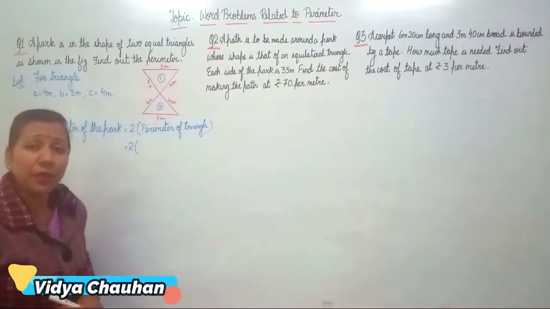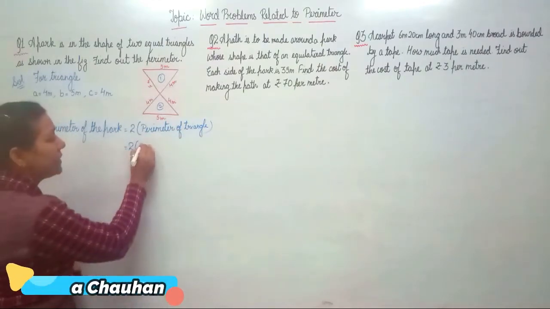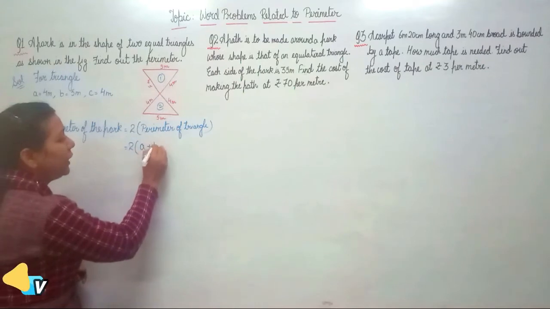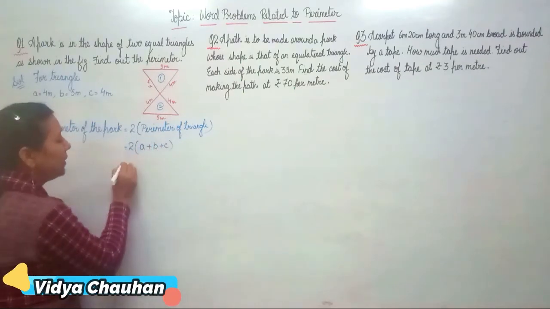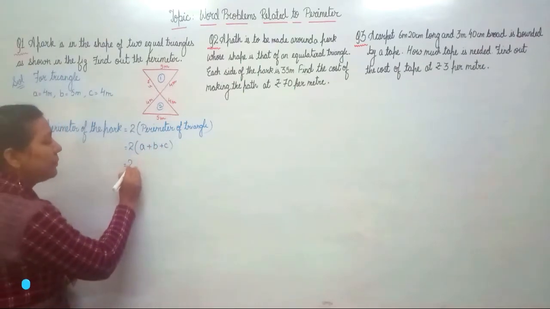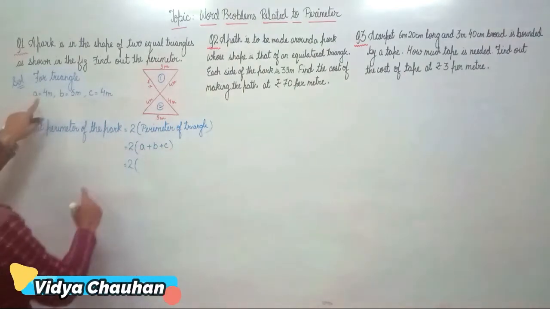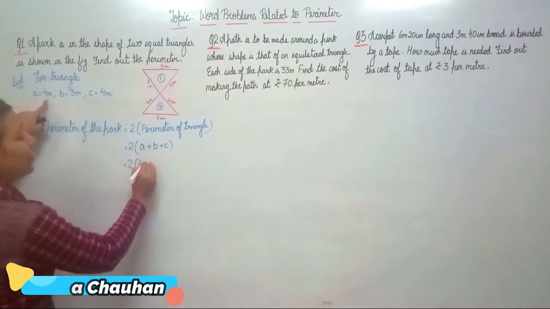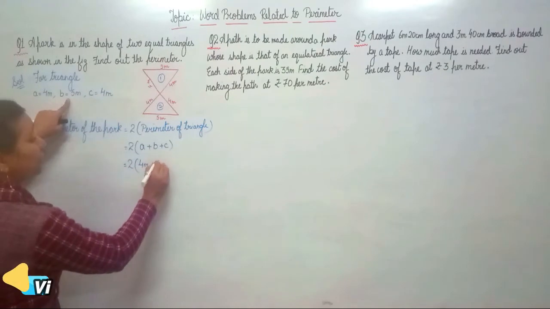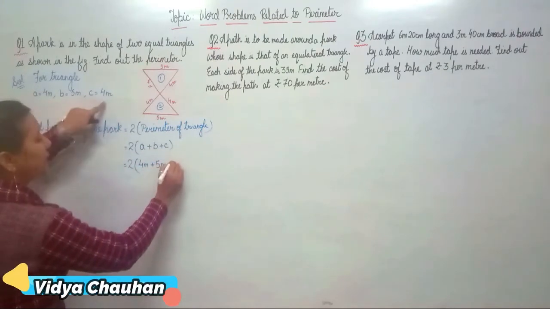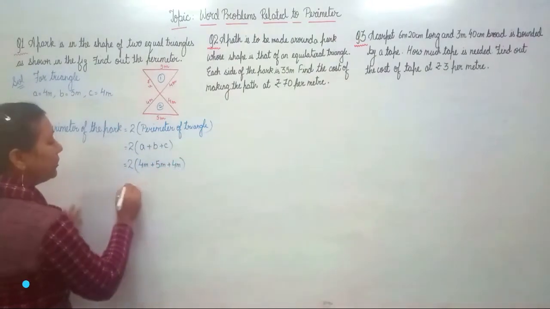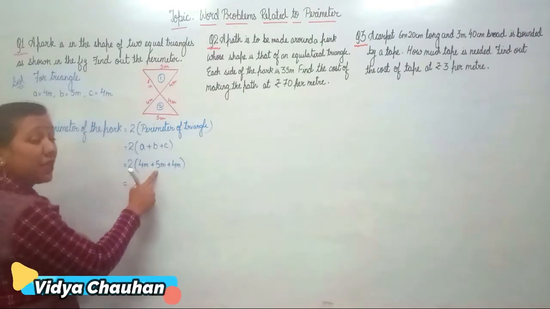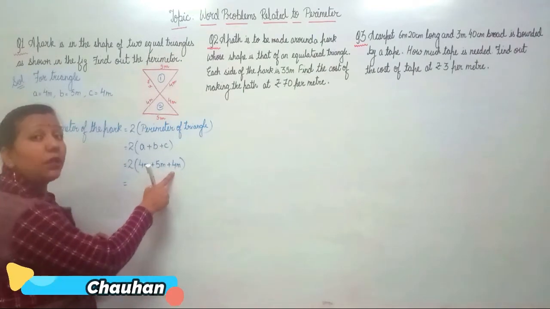Now in the next step, 2 times the perimeter of triangle. What is the formula for the perimeter of a triangle? Yes, it is side A plus side B plus side C. Let's put the values of A, B and C: side A 4 meter, side B 5 meter and side C again 4 meter. 4 plus 5, 9, 9 plus 4, 13.